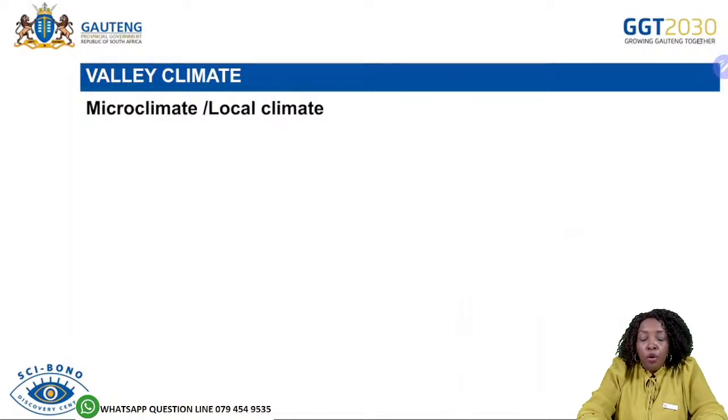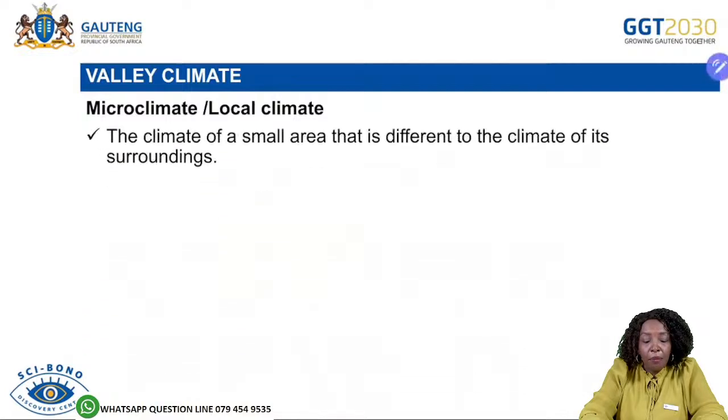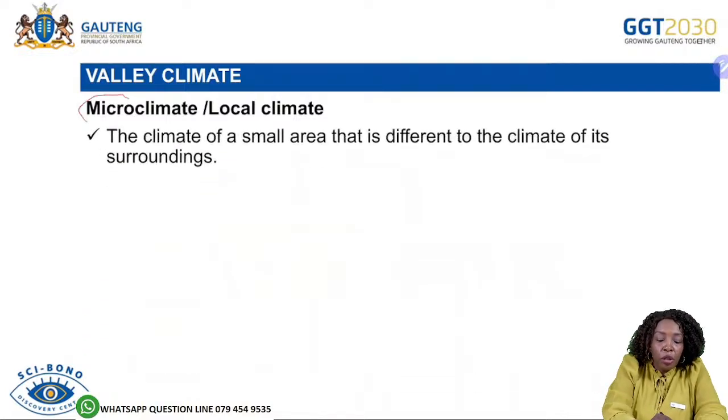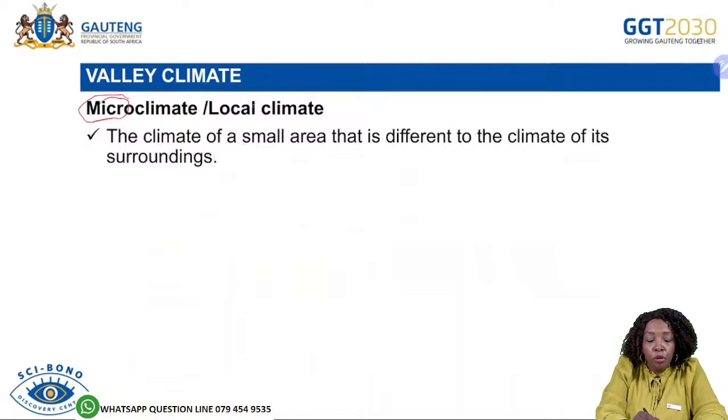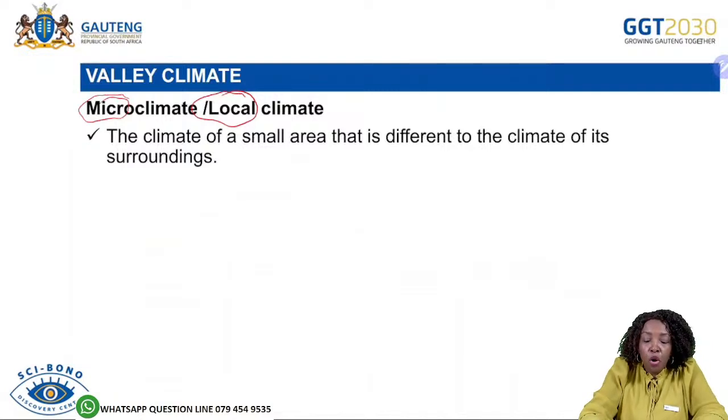With the section of work that you are now busy with, you have to take note that we are now looking at microclimates, which we also refer to as local climate. The word micro means we are looking at climate on a smaller scale, which then makes it a local climate. So it is the climate of a small area that is different to the climate of its surroundings.